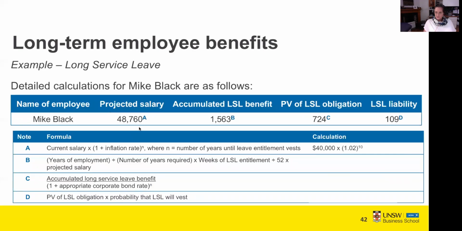You can see the calculation there: his current salary multiplied by 1.02, because the inflation rate is 2%, to the power of 10 years, because it is 10 years until he will be entitled to take the leave.